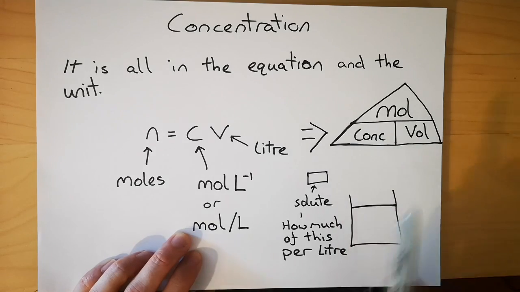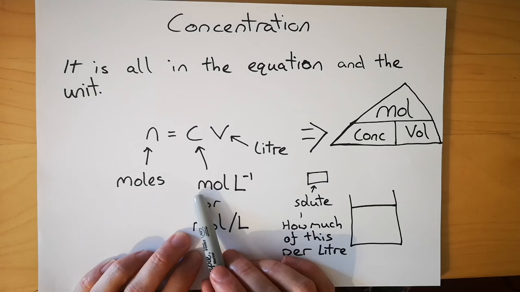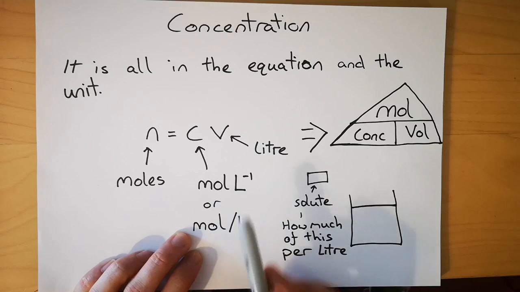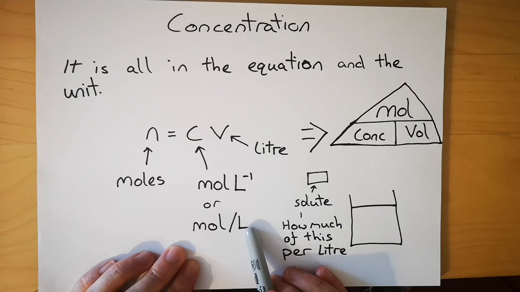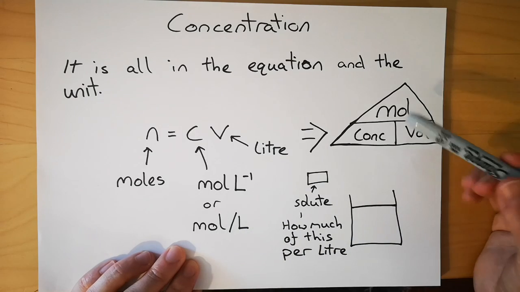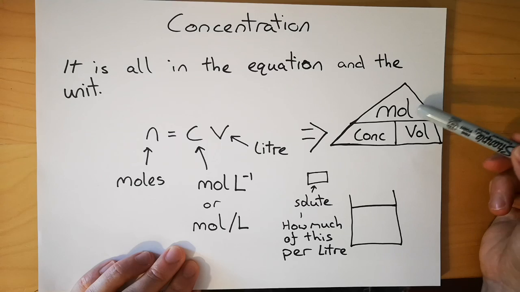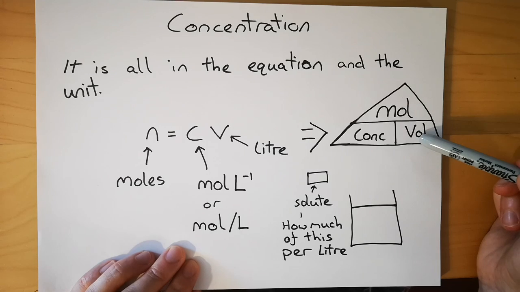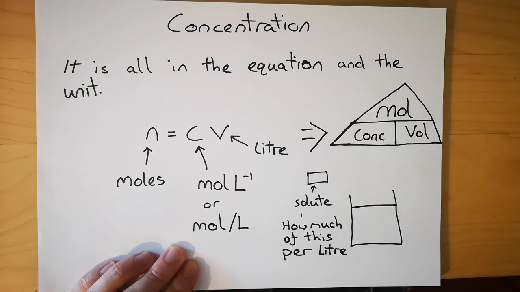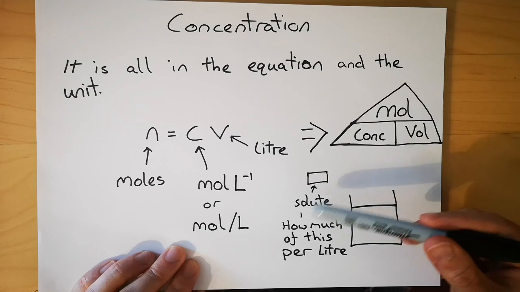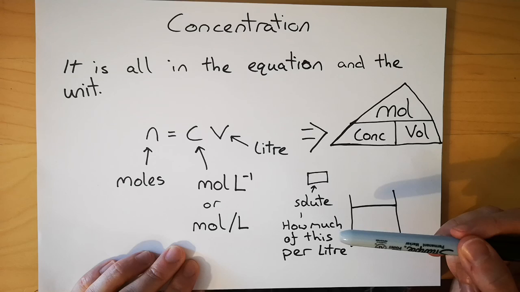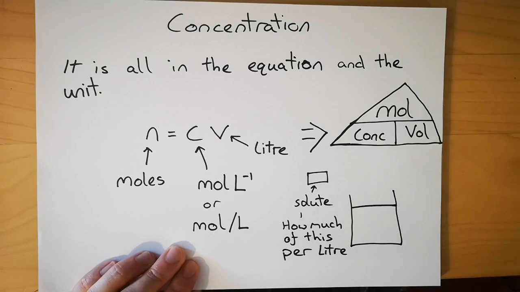So concentration is here. The unit for concentration is moles per litre. That literally means the number of moles divided by how many litres we've got. And over here we've got concentration is the moles divided by the litre. That really means that where you've got your solute, that is how much of that solute is there per litre, and that's all concentration is.